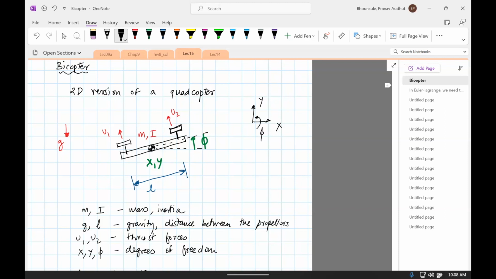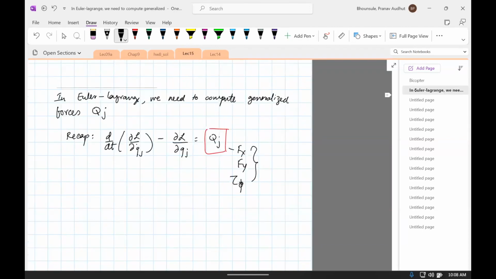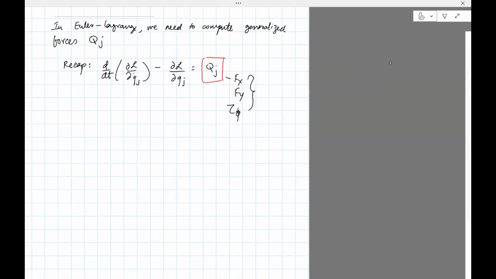You could also find the moment due to u1 and u2. So that's one way of doing it, which we've not really done in this course. The way we've done the forces is we've used the homogeneous matrix in order to do that. So let's use the homogeneous matrix to figure out the forces.